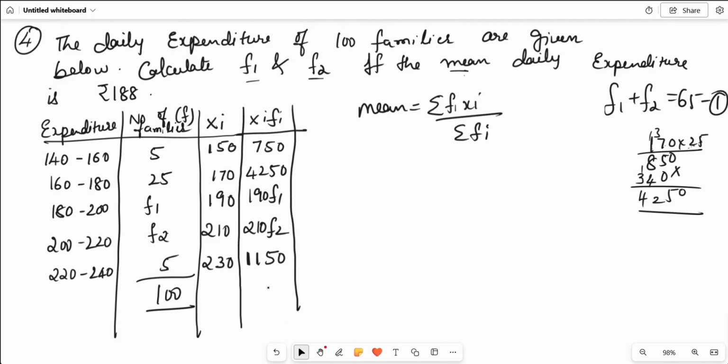If you add everything, how much you will get? 4250 plus 750, 7150 plus 190. Correct? How much you will get for sigma fi into xi? Plus 190 f1 plus 210 f2. Okay. So this is sigma fi into xi. Sigma fi is what? 100.